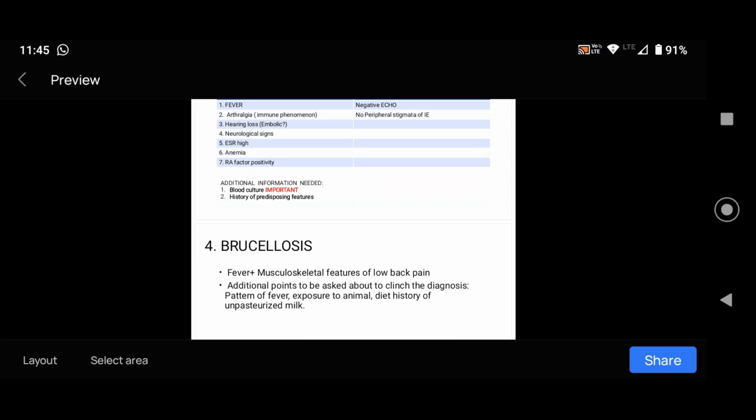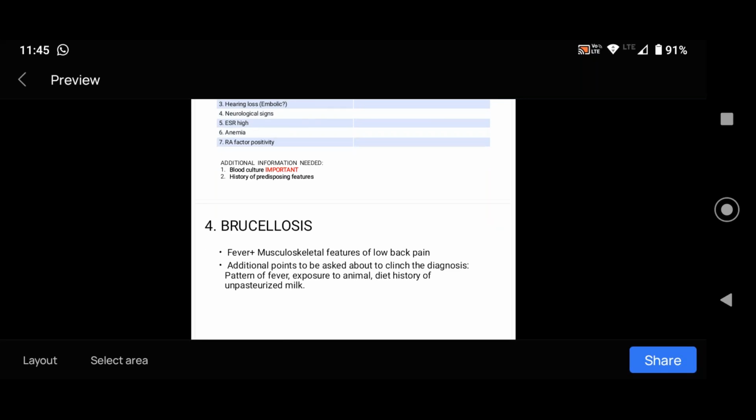Right. So IE is a very important differential diagnosis to consider in any patient who presents with slightly prolonged fever. However, like she rightly said, there has to be an underlying cardiac disease for patients to develop IE. IE does not normally happen on native valves. That means the patient does not have a diseased valve.